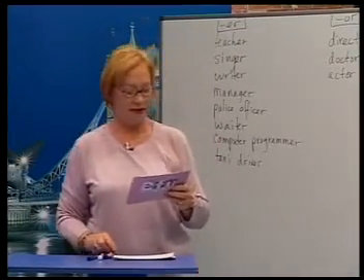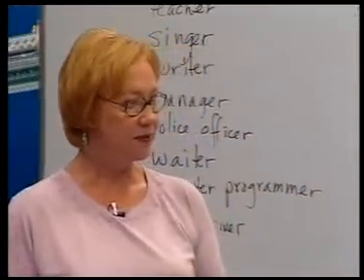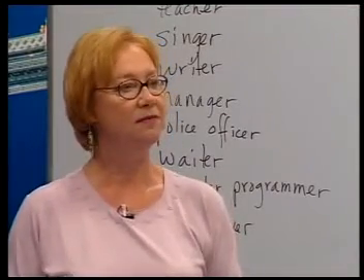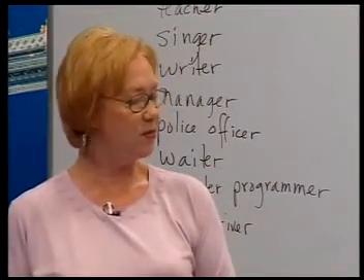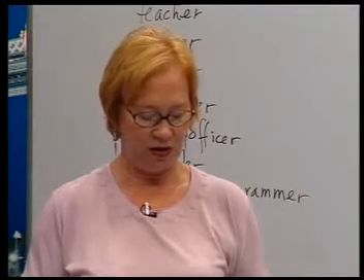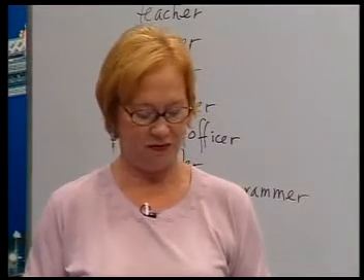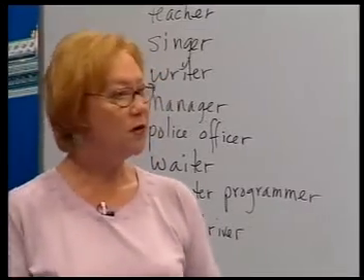Let's start with Lisa. A dancer. And what does a dancer do? A dancer dances. Yes. Ali. A football player. What does a football player do? He plays football. Yes. Isabel. A psychiatrist. Good. A difficult word. What does a psychiatrist do? She takes care of people. Yes. Any more, Ali?